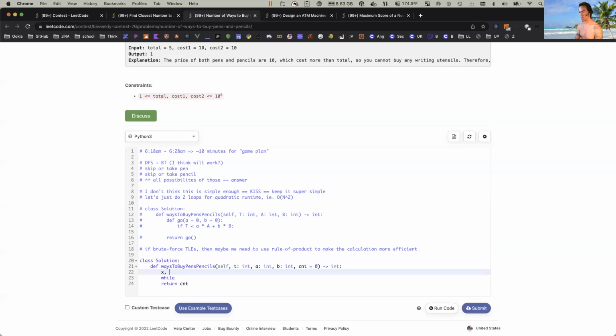Let's see if we have X and Y, the amount of pens and pencils we have. So while A times X is less than or equal to T, it's a big T since it's not going to change.